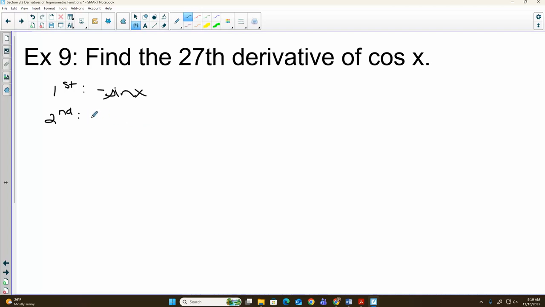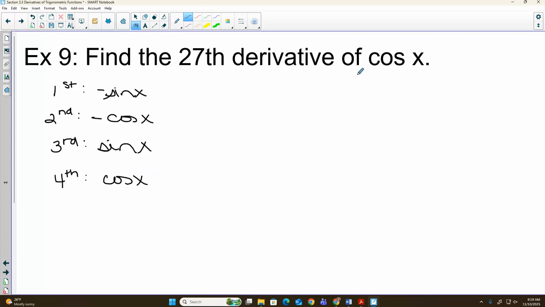The derivative of negative sine? The third derivative. What's the derivative of negative cosine? Because the derivative of cosine is negative, 2 negatives make a positive. Fourth derivative. What's the derivative of sine? And what happened? Back to cosine.